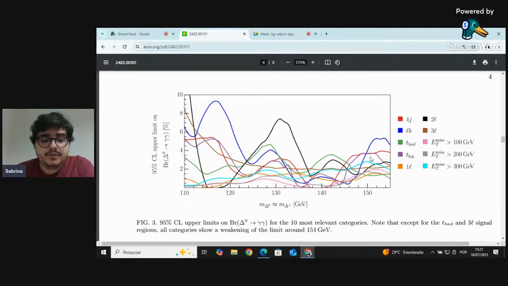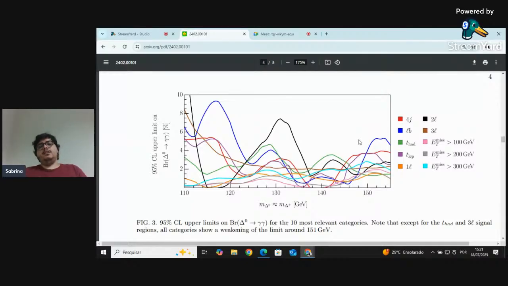And I don't know if you can see, but there are two regions here in this graph where the limits get weakened. So this limit implies that all that is above those lines is excluded because it's an upper limit on the branching ratio.